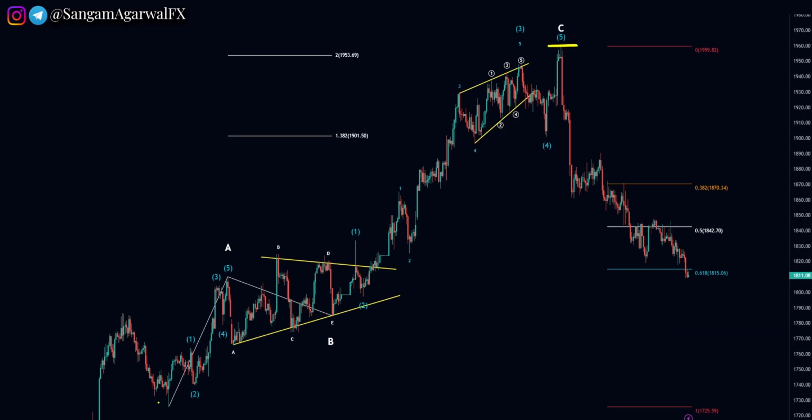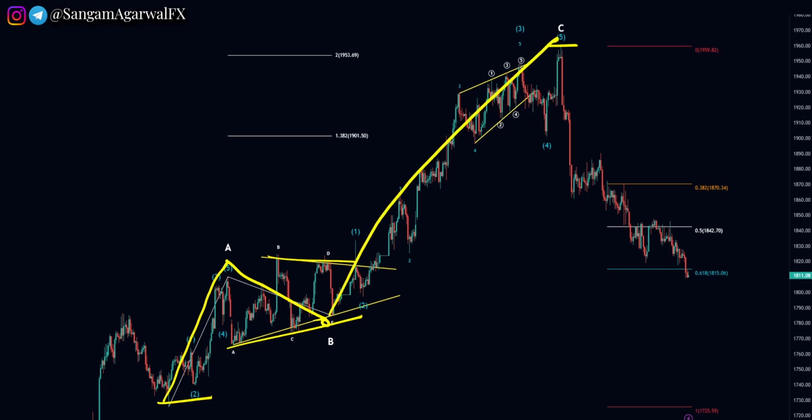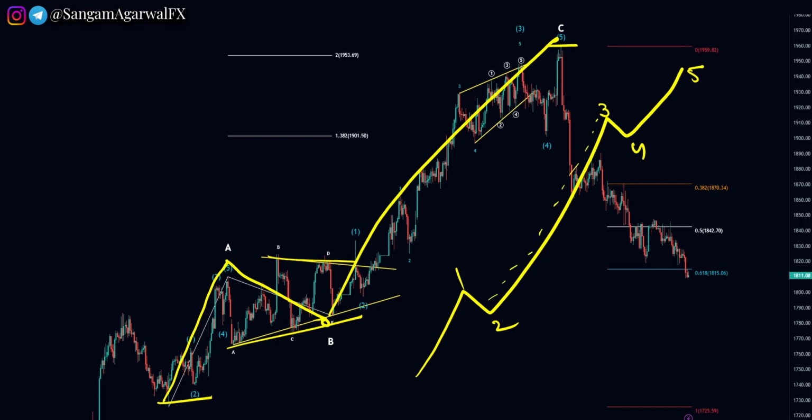And now I will repeat again from top to bottom. This is your corrective wave A, then correction wave B as a triangle chart pattern, and this is your complete wave C. And this wave C is subdivided into 5 impulsive waves, and this third wave is also again subdivided into 5 impulsive waves.